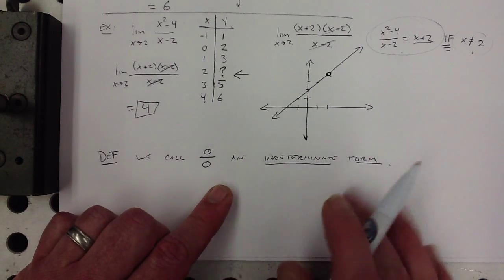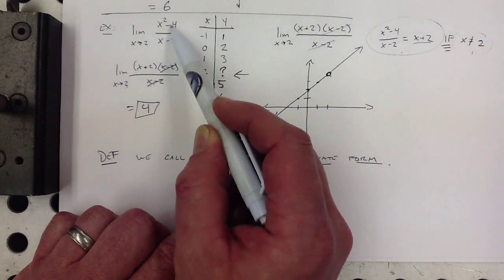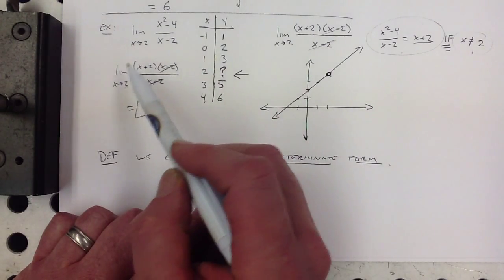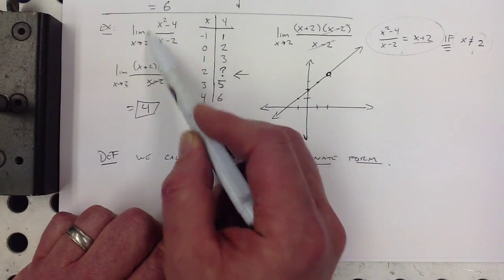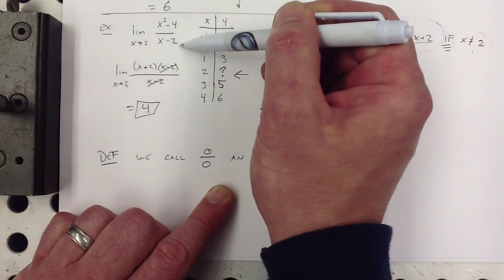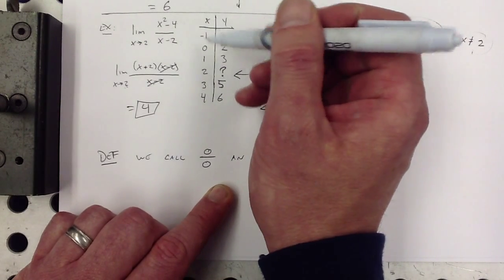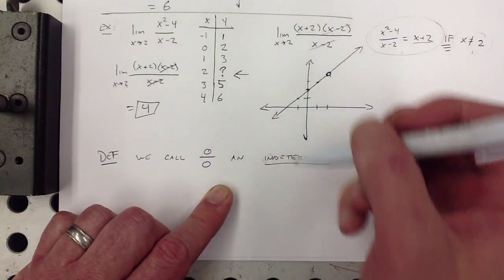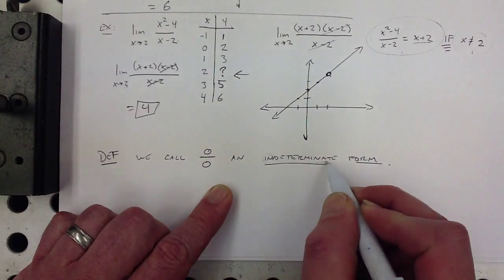So if you have a limit like this one, for example, and you dutifully plug in this number, it's the first thing you should always do, check out what's going on. If you get a number here, if you get anything like a number over 0 or 0 over a number, those are all determinate forms. You can report an answer right away. But here, if you get 0 over 0, that is an indeterminate form.